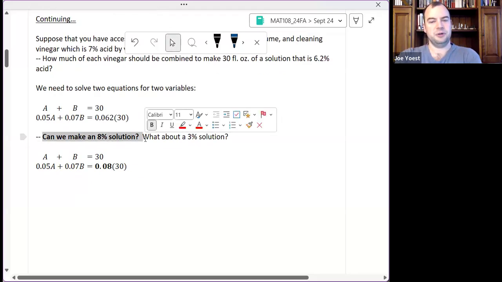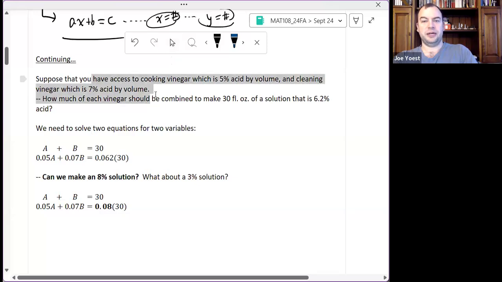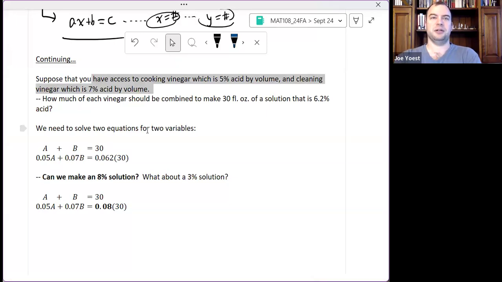So the question now is, can we make an 8% solution? Now, I suppose if we had access to two fluids, one of which was, say, glacial acetic acid, which is just 100% vinegar, which you want to be careful when handling, and water, which is 0% acidity, well, then we could probably make any acidity we want from 0 to 100%.